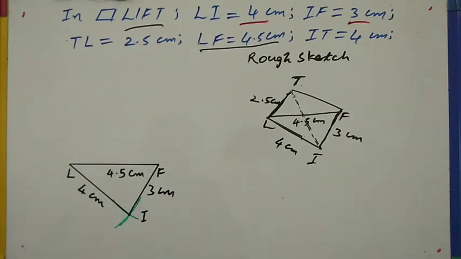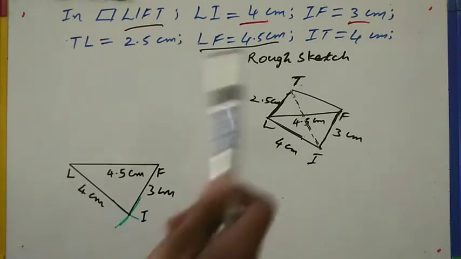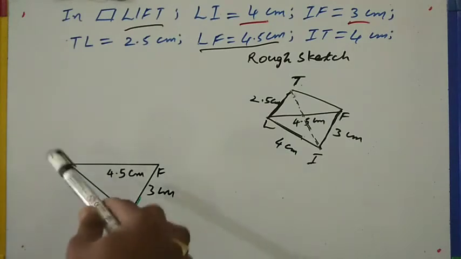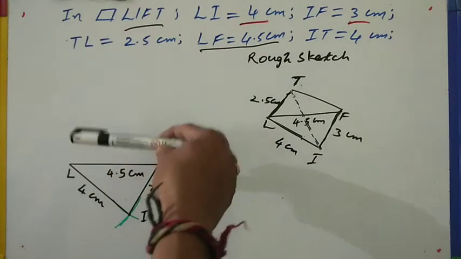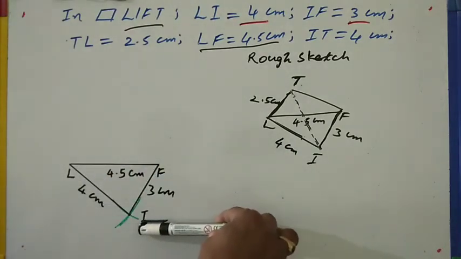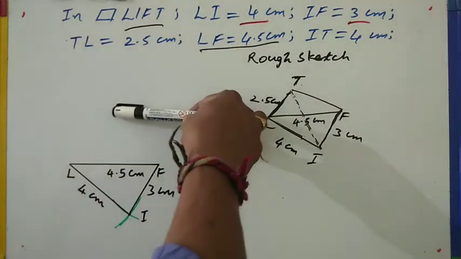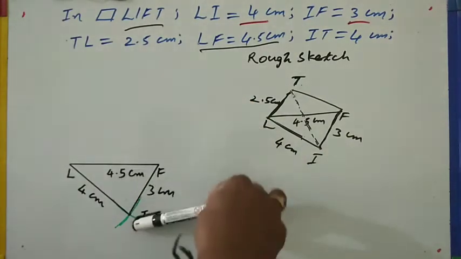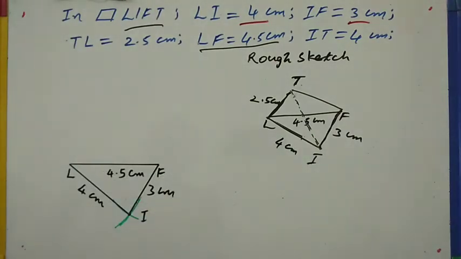Now, see children, it is very evident that in the quadrilateral LIFT, to the diagonal, one side I will have one of the vertex and the opposite side I will have another vertex, where these two vertices are opposite vertices.